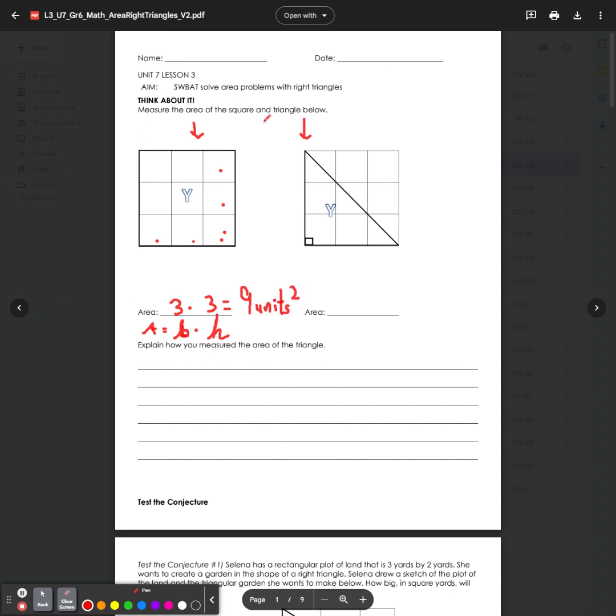And what about this triangle? Hopefully, if you look at this triangle, what do you notice about it? Let's clear everything. What do you notice about this triangle compared to this square? I'm hoping you notice that this triangle is actually just half of this square. All that's happened is that we've just taken this square and divided it in half.